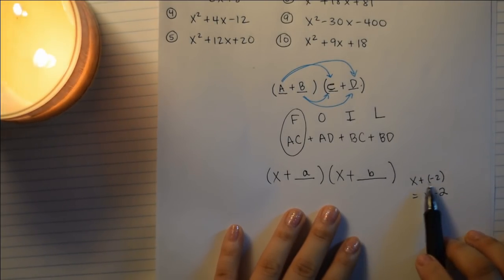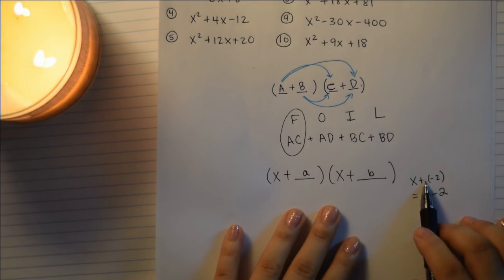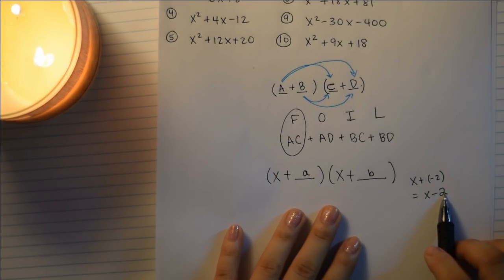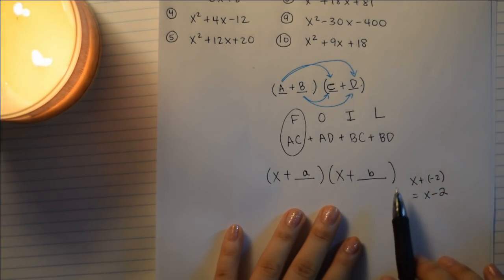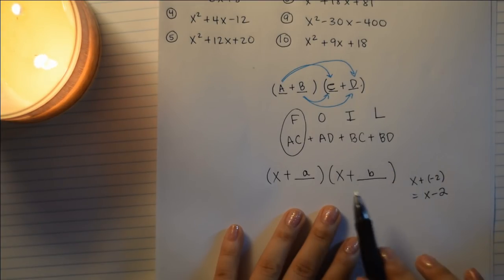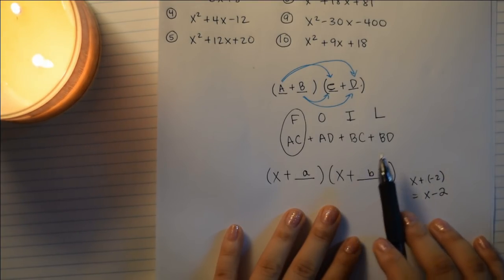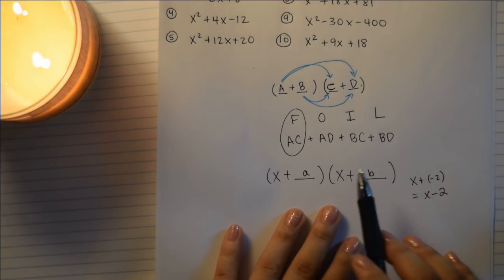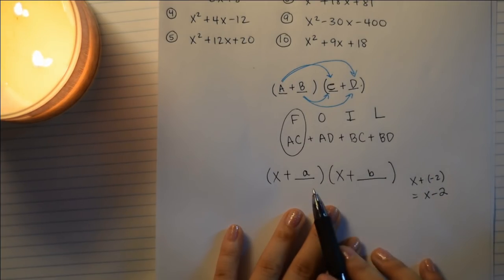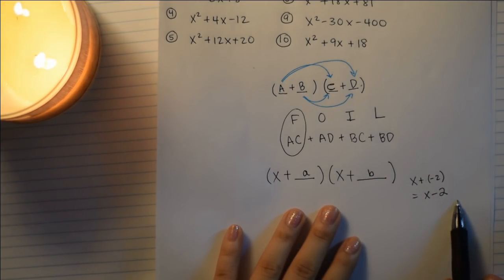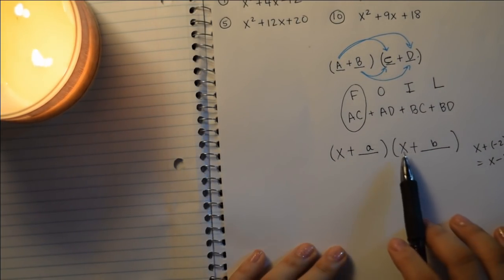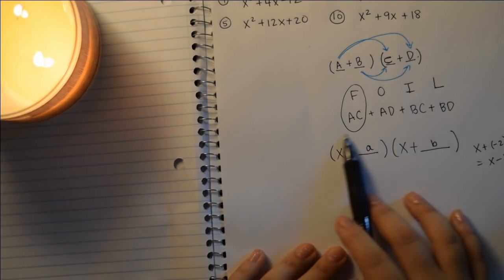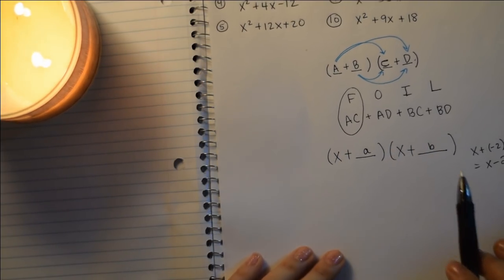You can think of this as having a secret 1 there, and a positive times a negative is a negative 2. Or you can think of it on a number line: x, and then plus goes to the right, but going to the right negative 2 is like going left 2, so x minus 2. In either case, I'm writing it as x plus a and x plus b just to keep it generalized.